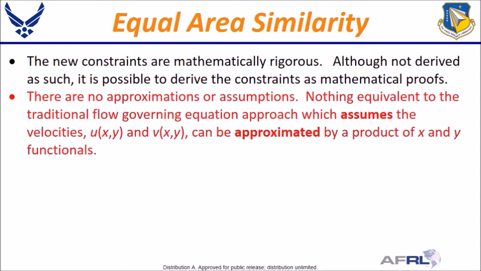Also note that there are no approximations or assumptions, nothing equivalent to the traditional flow governing equation approach, which assumes the velocities can be approximated by a product of x and y functionals, an assumption that can never be proven one way or the other.